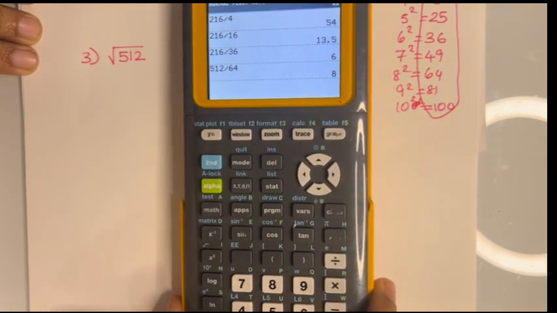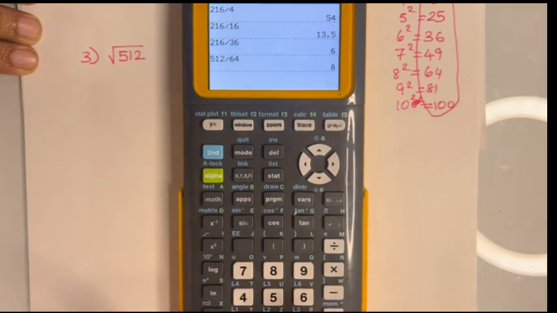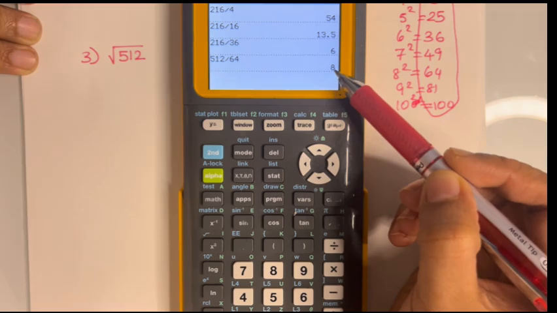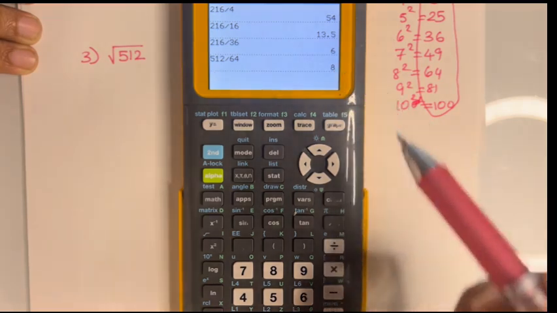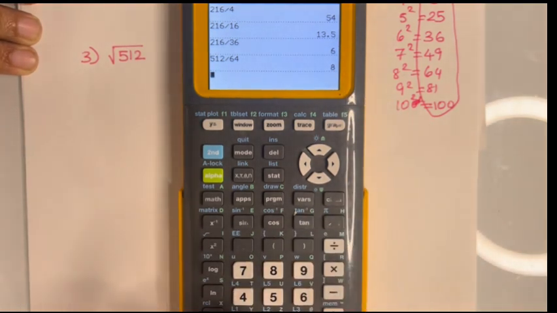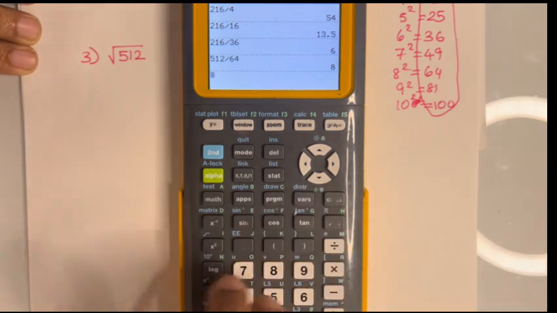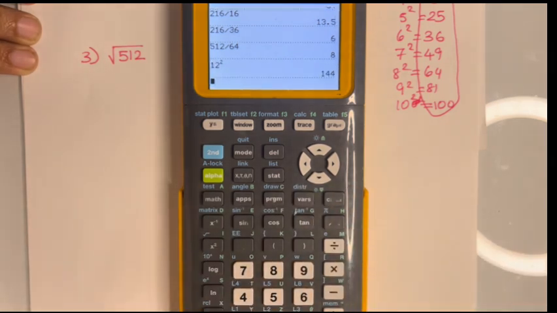Okay, so 64 and 8 also divisible by 4. So I'm going to try, let's see, 12 squared. If I take 12 squared, that's 144. Let's see, is 512 divisible by 144?